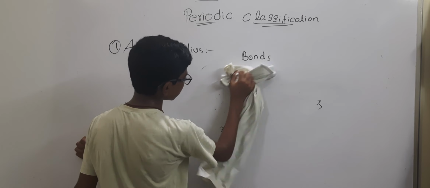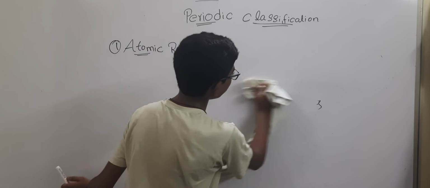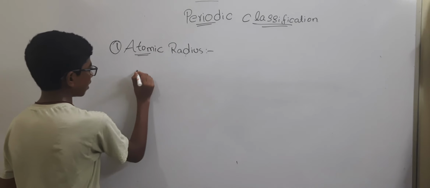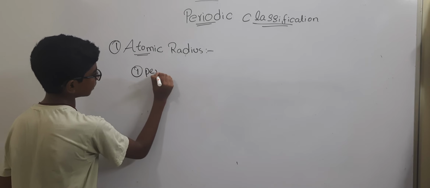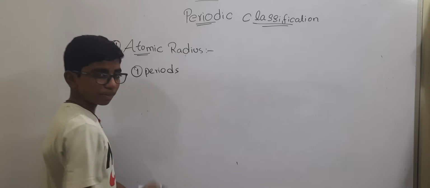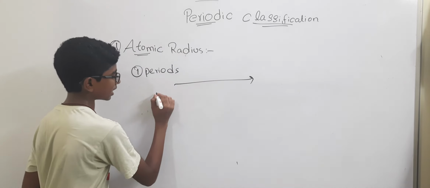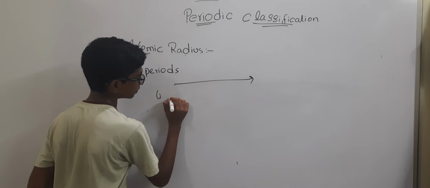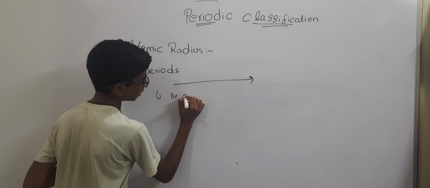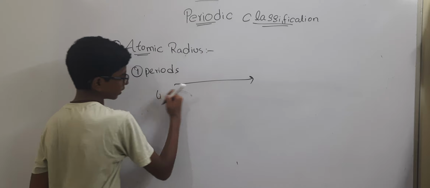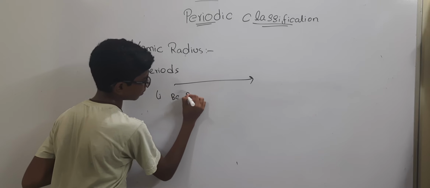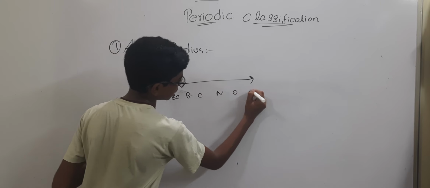Now, how does atomic radius increase or decrease in groups and periods? First, I will see in periods. In periods from left to right, the elements are lithium, beryllium, boron, carbon, nitrogen, oxygen, fluorine, neon.